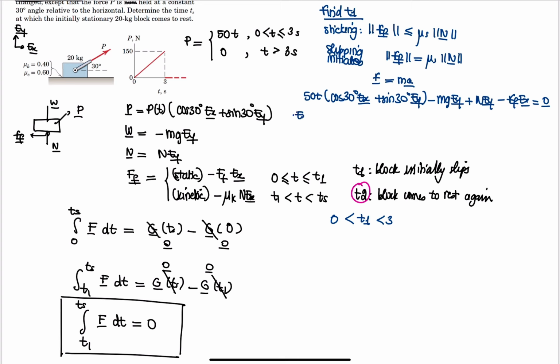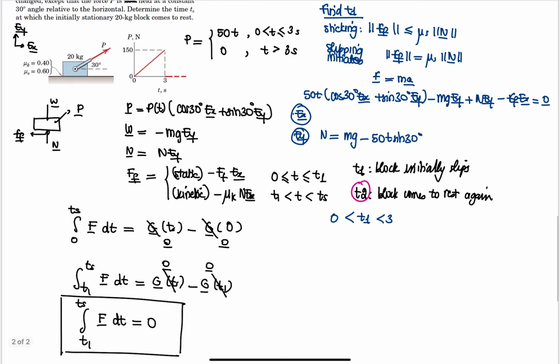I can project this equation along Ex and Ey. Ey gives me the normal force, mg minus 50t sine 30 degrees. So the normal force is decreasing in time. And then the friction force is equal to 50t cosine 30 degrees.